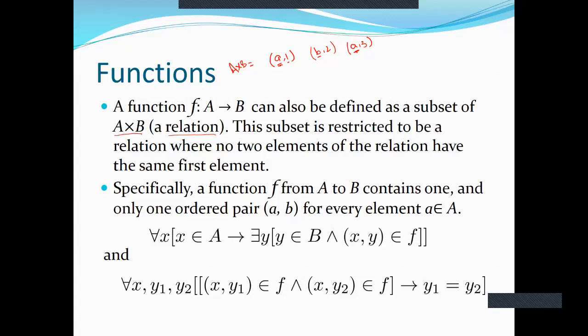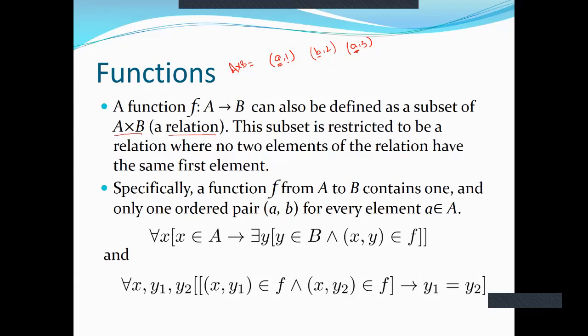All right, so what does that mean? x can be mapped to y with this condition: y belongs to the set B and the ordered pair (x, y) belongs to f. That is because this is the mapping of x to y, and that is only done with the help of f, right?